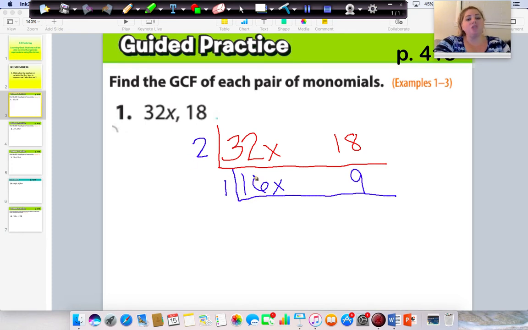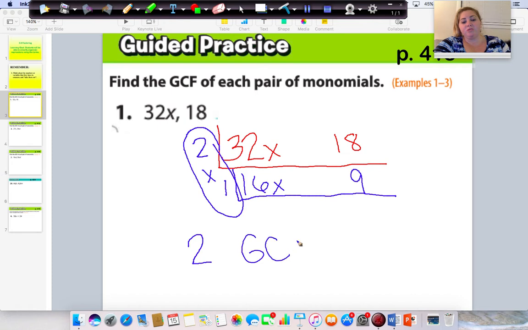So our GCF of 32x and 18 is 2. Now here's why. We are going to take the numbers that are on this side and multiply them together. 2 times 1 gives us 2, so our GCF is 2. And that's our answer for that problem.